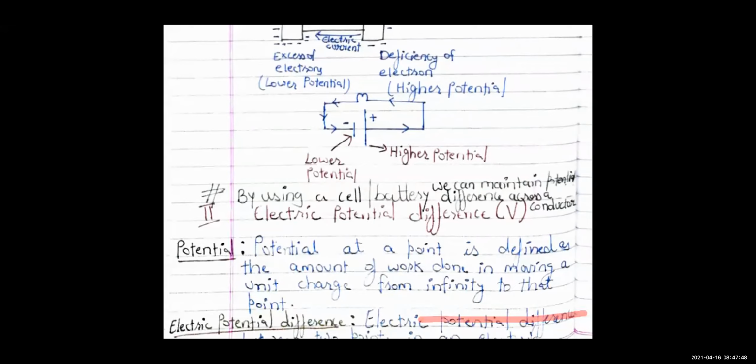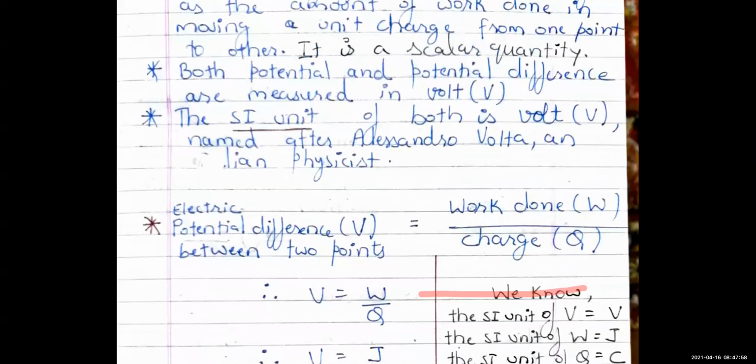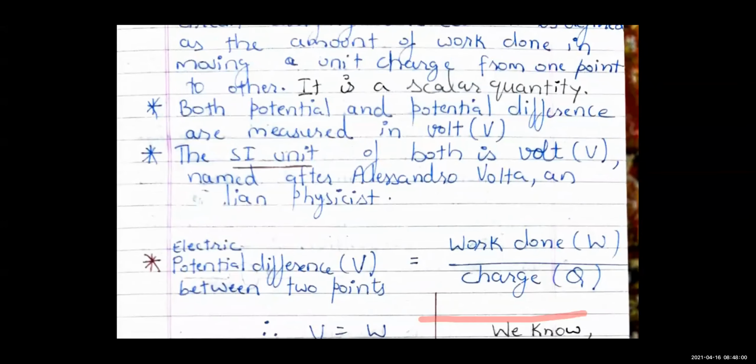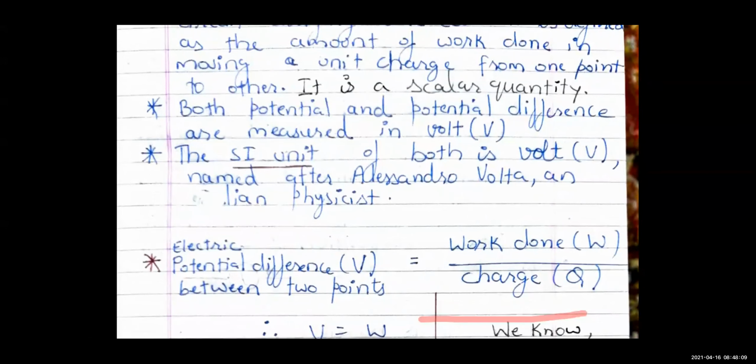Electric potential difference between 2 points can be defined as, how can it be defined, children? It can be defined as the amount of work done in moving a unit charge from one point to another.